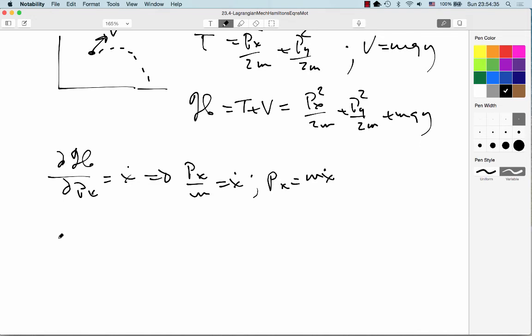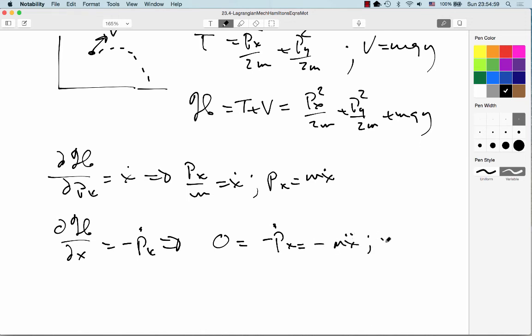And then for x, partial H partial x is equal to minus px dot. There's no x, so that's 0 equals minus px dot, which means this is equal to minus m x double dot, so x double dot is equal to 0.